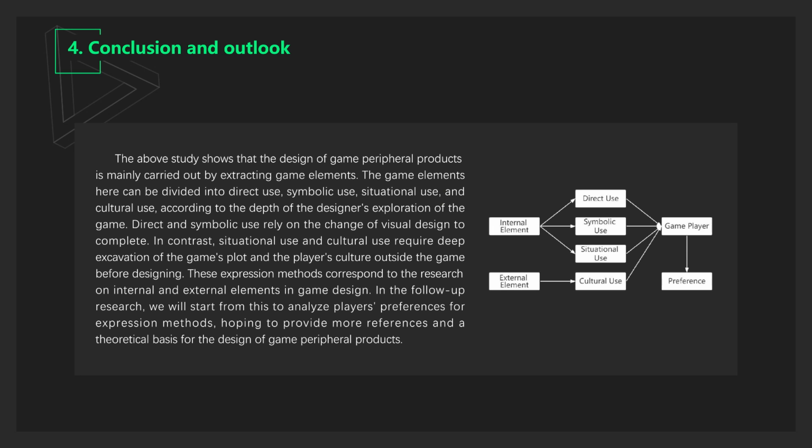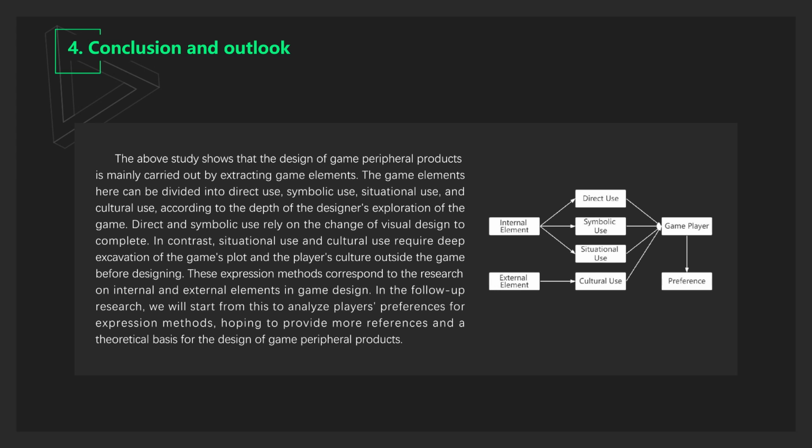The above study shows that the design of game peripheral products is well carried out by extracting game elements. The game elements here can be divided into direct use, symbolic use, situational use, and cultural use.